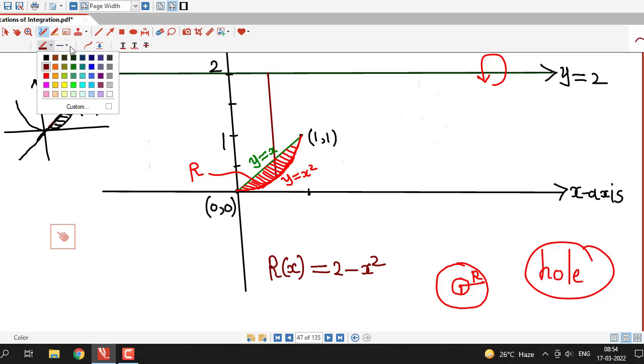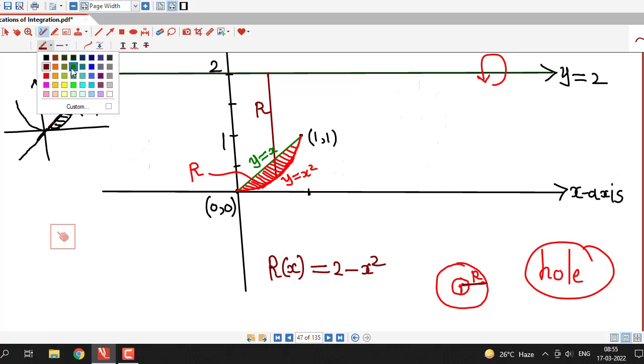This is capital R, the outer radius of this washer, which is the cross section of the solid perpendicular to the axis of rotation.